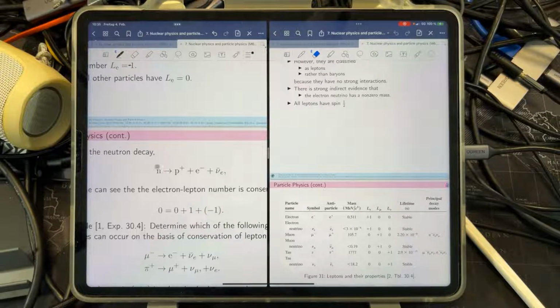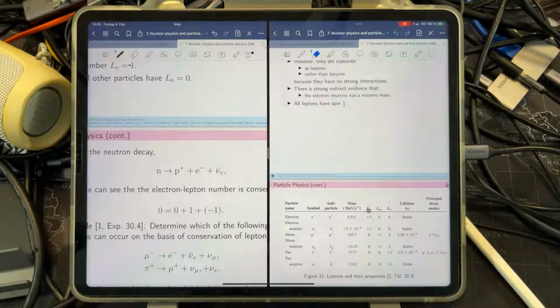Neutron has 0 electron-lepton number, right? So we have 0. And proton has nothing to do with this because proton is a baryon. It has 0 electron-lepton number.